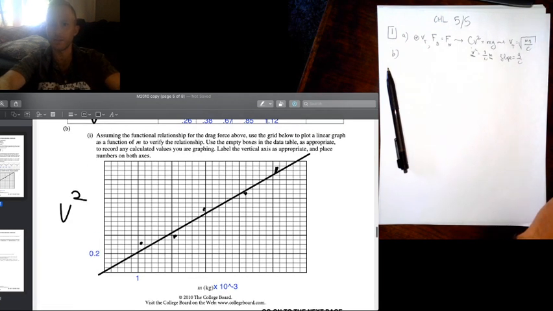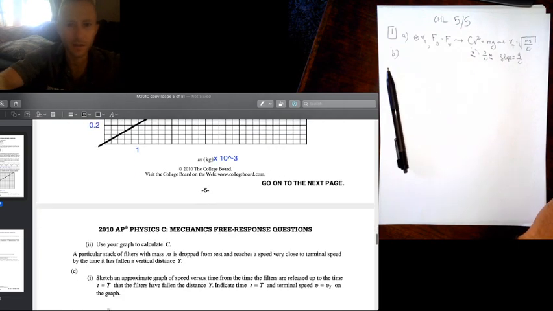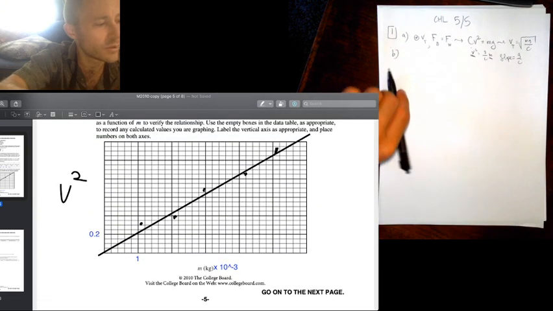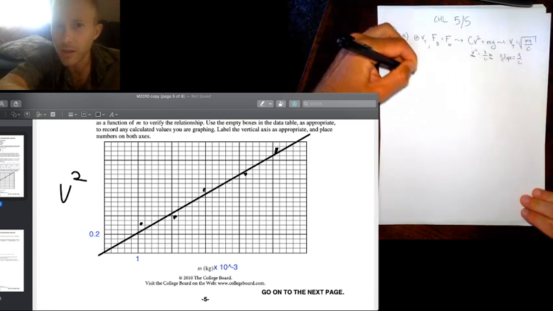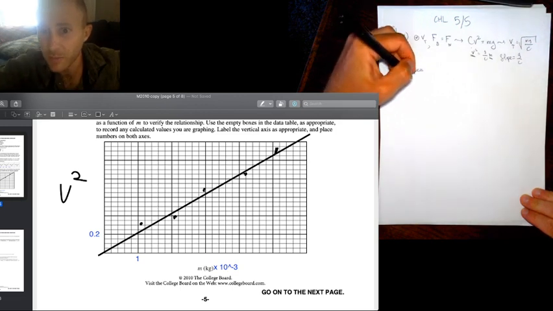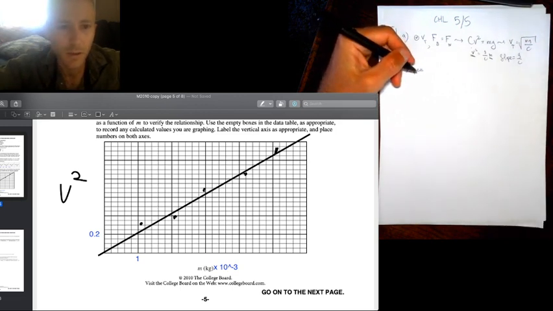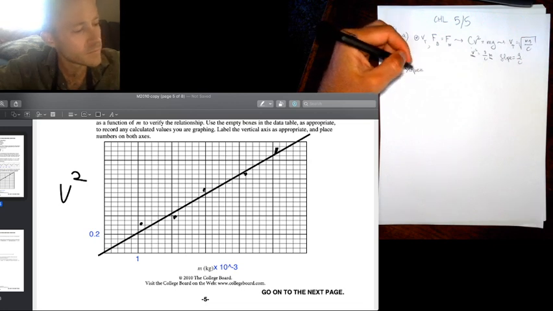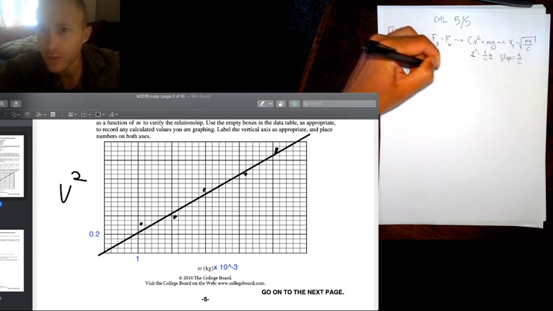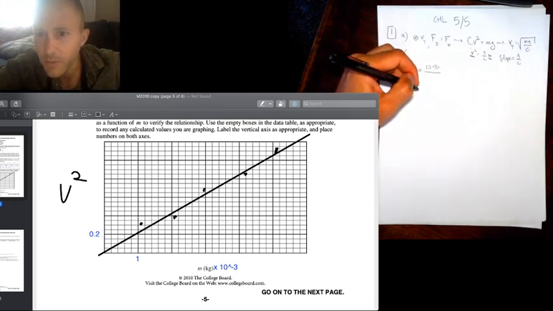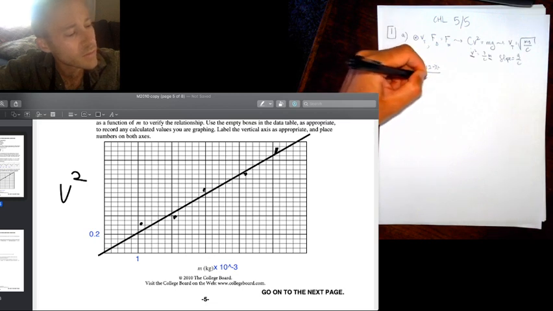Use your graph to calculate c. So I did part B. Part C, I can see that my slope has a rise of 1.2 meters squared per second squared, and it has a run of roughly, I'm going to say, 5.7 times 10 to the minus 3 kilograms.